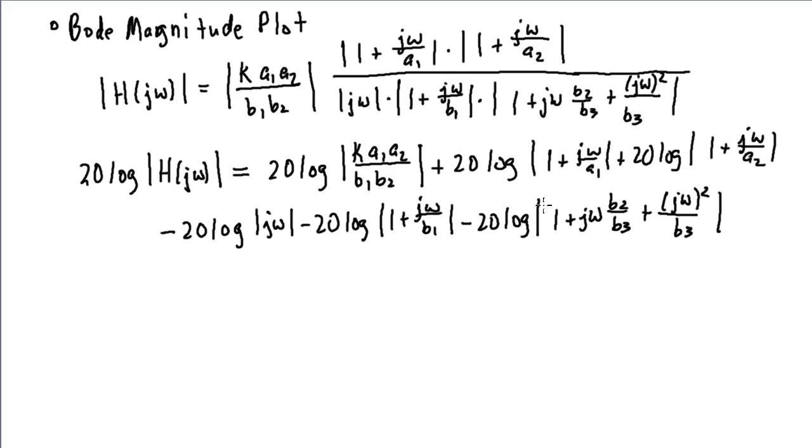If I can graph these individual terms, then perhaps I can come up with a technique where I can add those together and get a complete graph of the frequency response in dB, 20 log of the magnitude of the frequency response, or a plot of the magnitude response in dB as a function of omega.